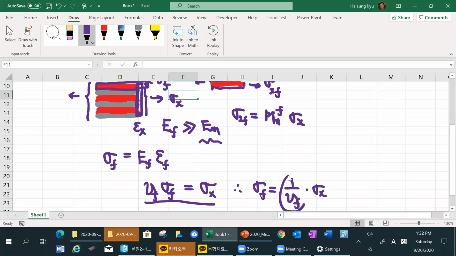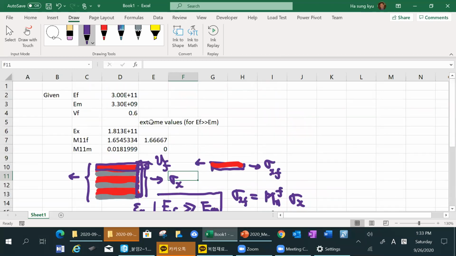So this is the M11F when EF is much larger than EM. That's usually what's happening in composites. For a value like 0.6, you can see about 0.5, this will be 1.97, very close to 2, and so on.